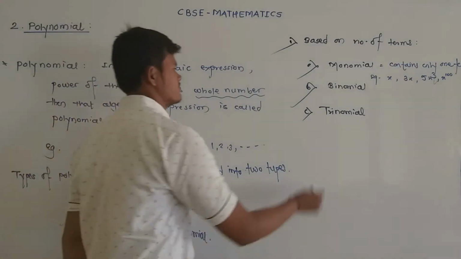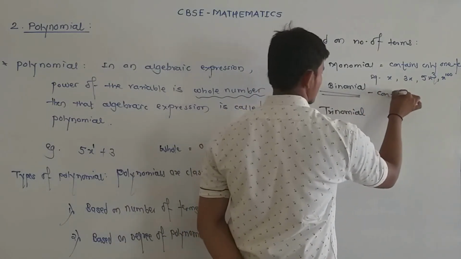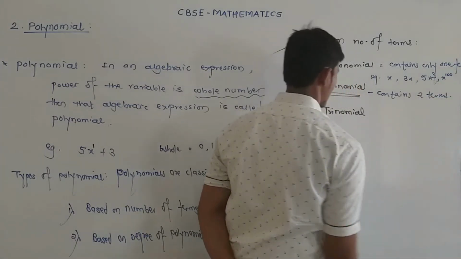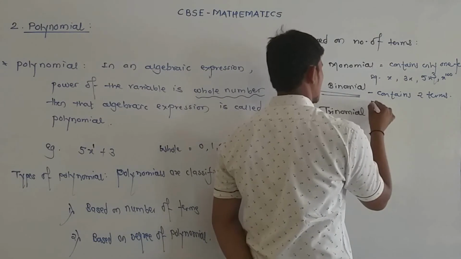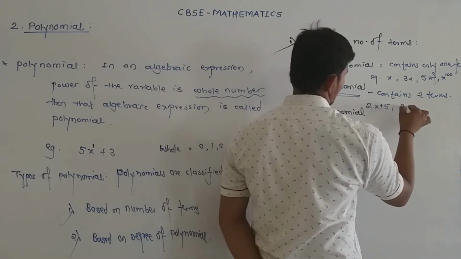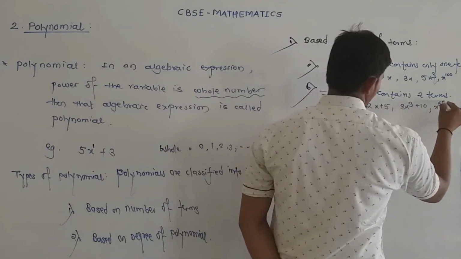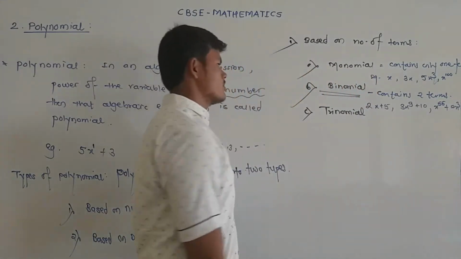Now binomial. Binomial means it contains only two terms. For example, 2x plus 5, 3x raised to 9 plus 10, x raised to 55 plus 2x raised to 3. So these are the examples of binomial.